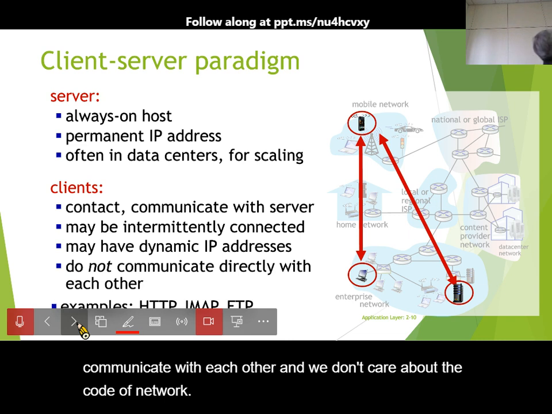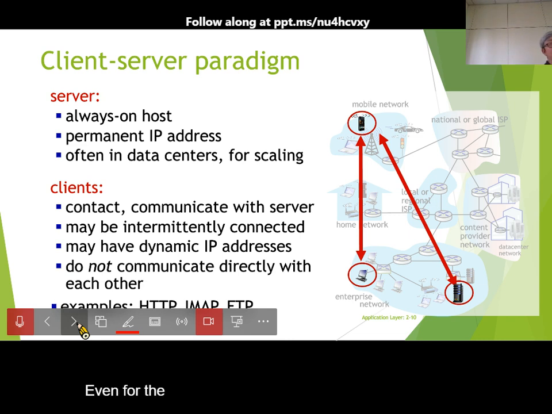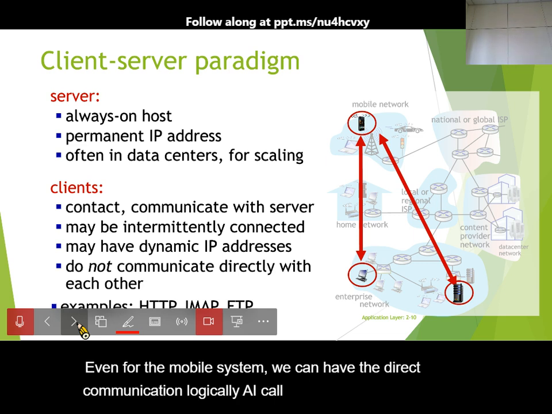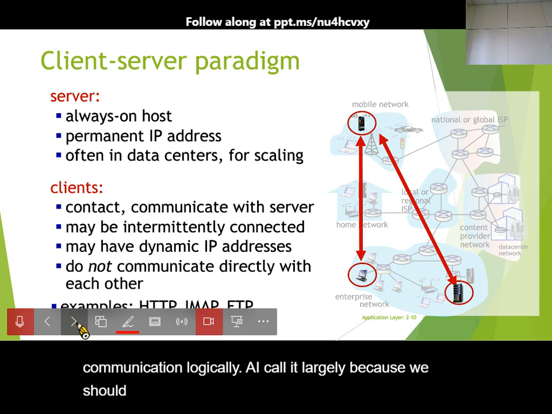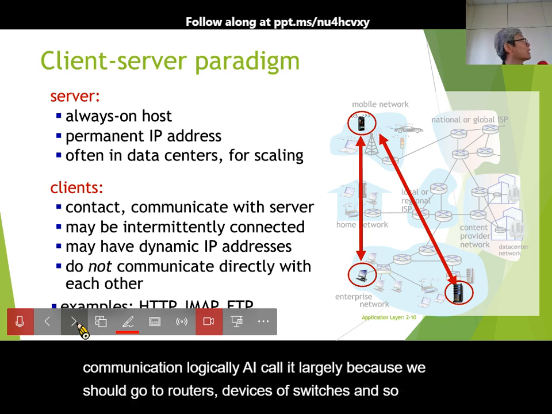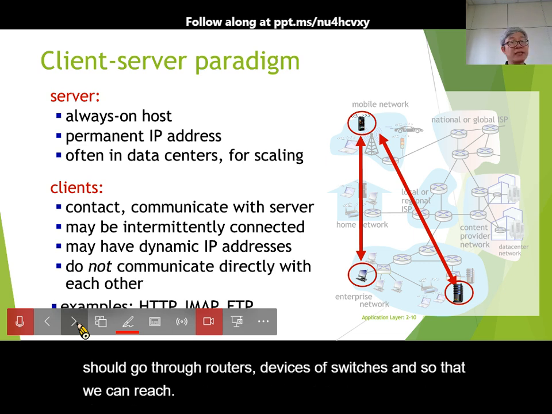Even for the mobile system, we can have direct communication logically. Here I call it logical because we go through routers, devices, and switches, so that we can reach the server or the destination.